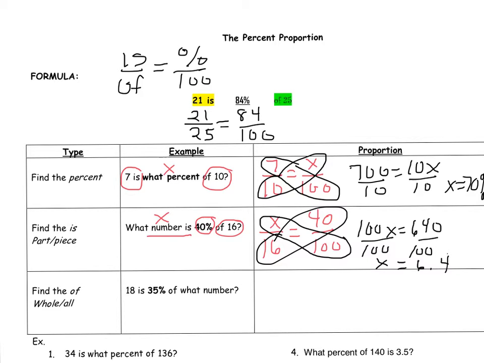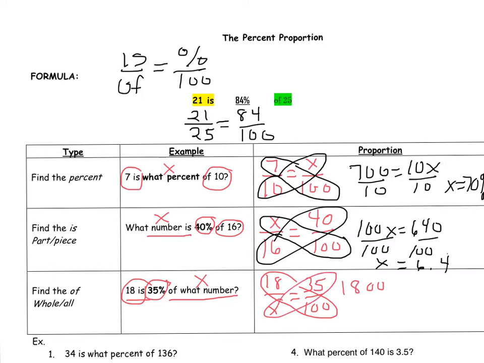The last type of problem we're going to do is finding the whole. So we are given the is, we're given the percent, but we don't know the of. So that's going to be our variable. So 18 over x equals 35 over 100. 18 times 100 is 1800. 35 times x is 35x.